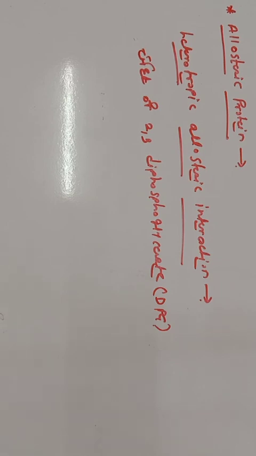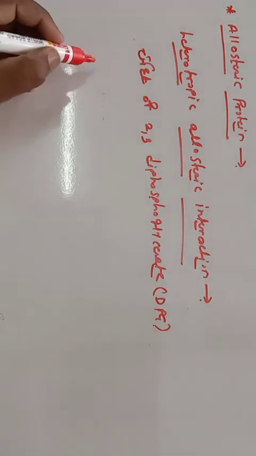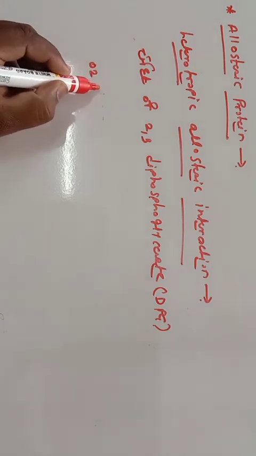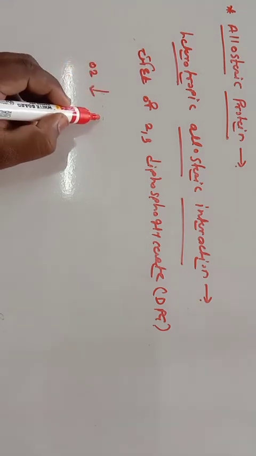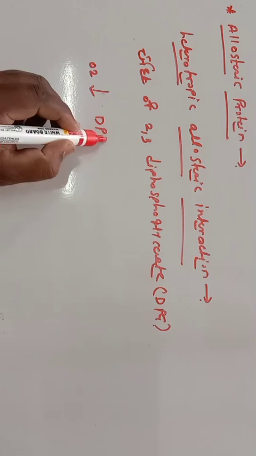This DPG shows a heterotropic allosteric effect, due to which the oxygen affinity of hemoglobin decreases with increase in the concentration of DPG.